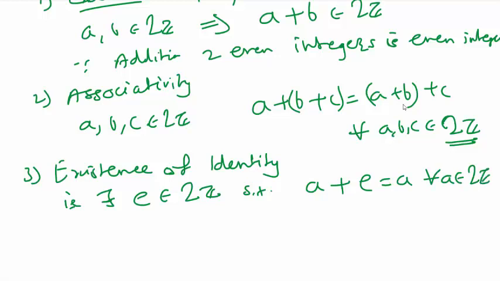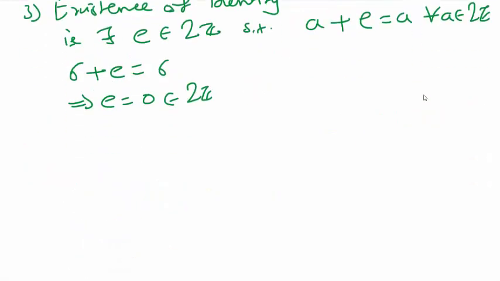How do we find it? Just check. Just take any element from 2Z, say 6. 6 + e = 6. When will it be possible? If e = 0. And 0 belongs to 2Z, that is an even integer.